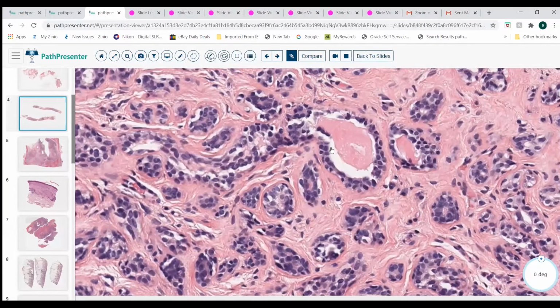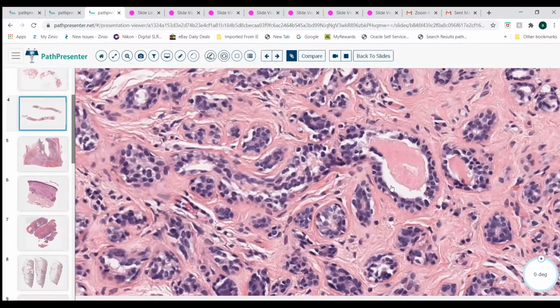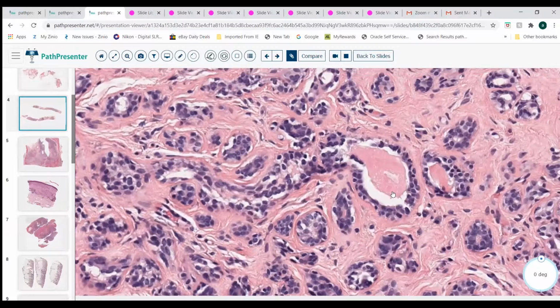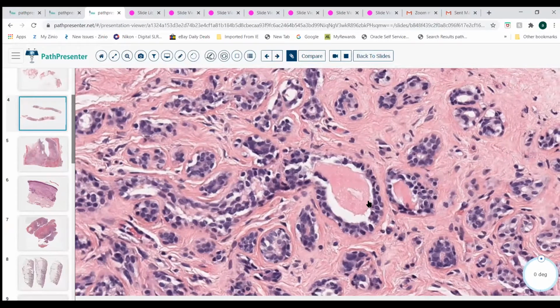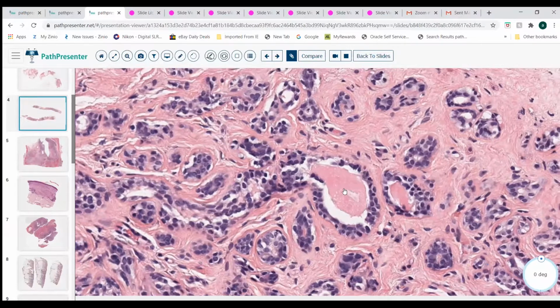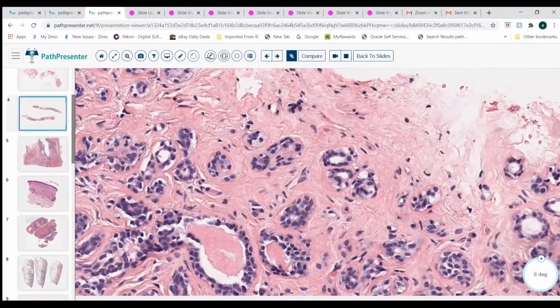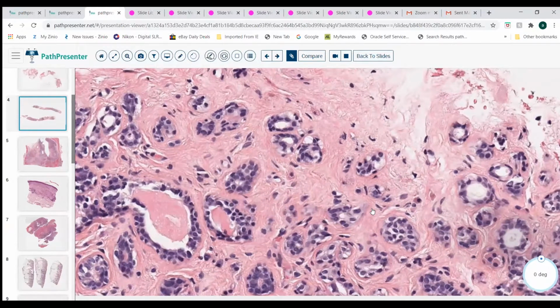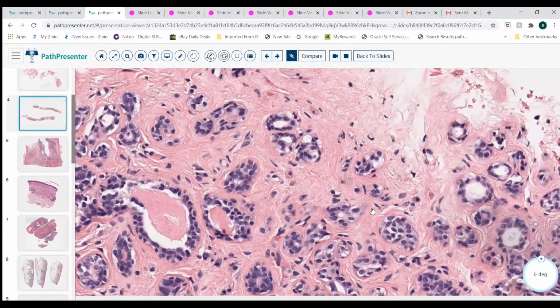So for example, you can see these ducts here in the middle, that very large one with the secretion inside. If this is the size of your normal epithelial lining and myoepithelial lining, then ideally the tubular carcinoma should have a little bit larger cells. So you are talking possibly about 2 times difference in terms of size, but this is not happening.